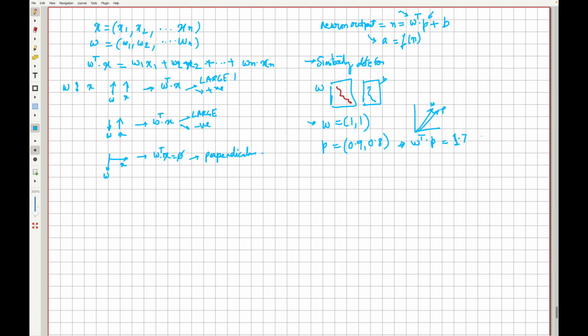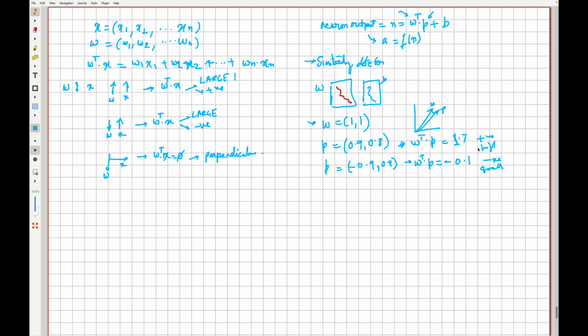This is again a similar direction, it's positive and it's a high value. So they are pointing in the same direction, as opposed to a p vector which is minus 0.9 and 0.8, for which the dot product is going to be minus 0.1, negative and a small value.